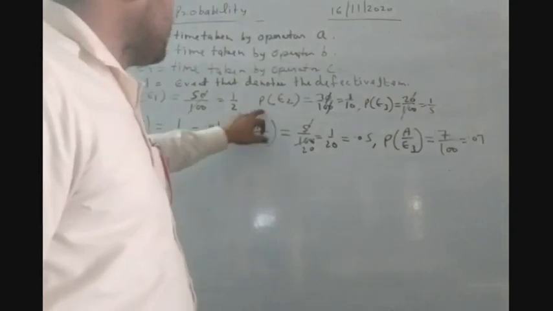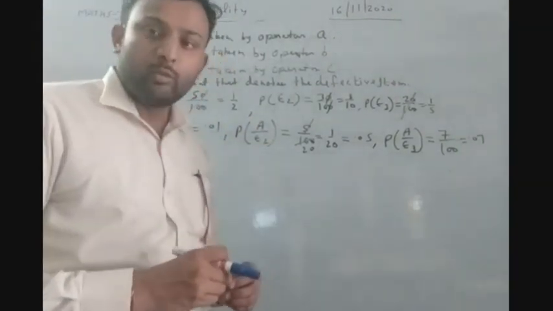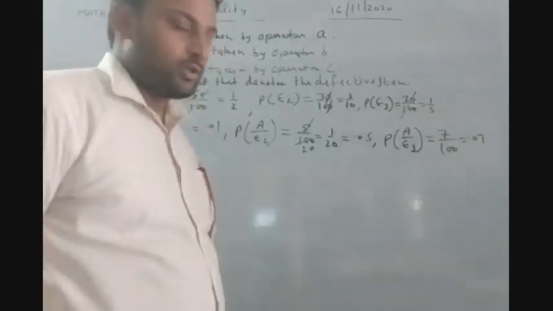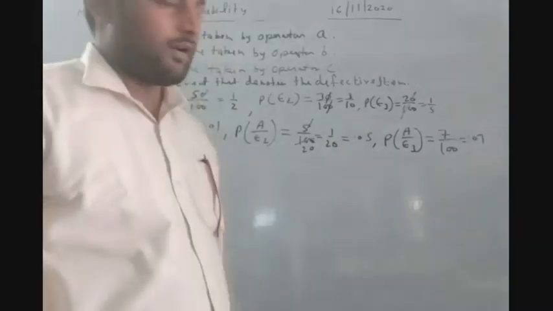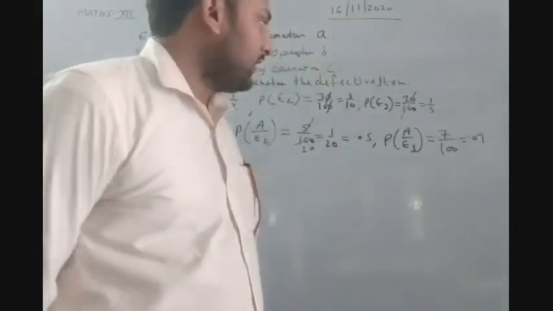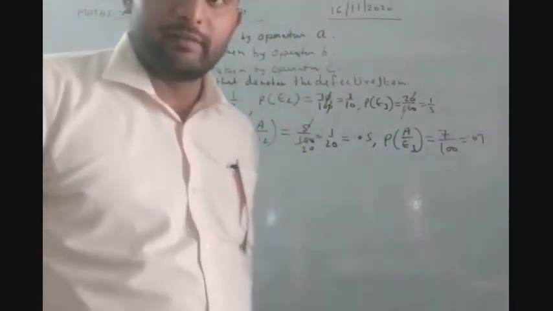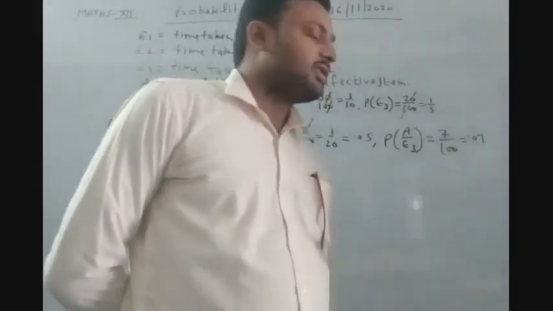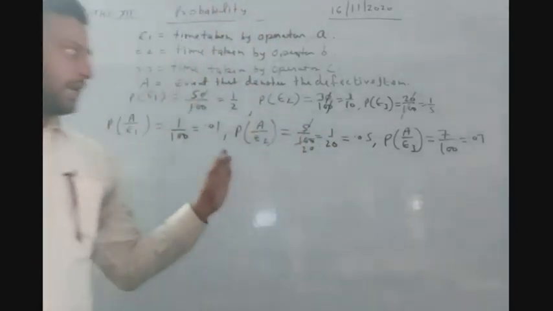The probability of A by E2, operator B produces 5% defective items, so 5 by 100, 1 by 20, this is 0.05. And probability of A by E3 is 7% defective items, so 7 by 100, that is 0.07. Now these are the information which we are given.